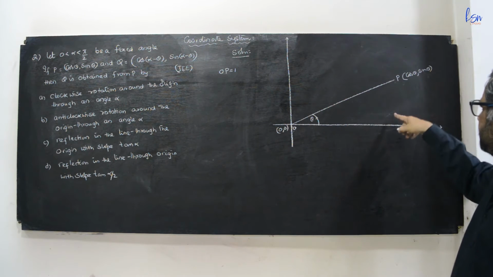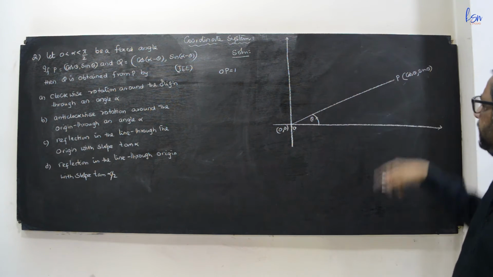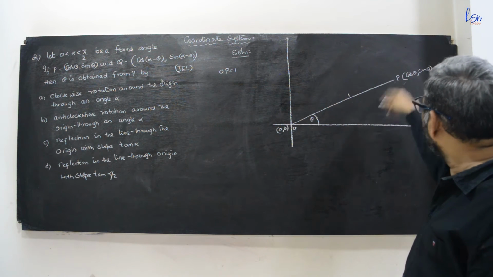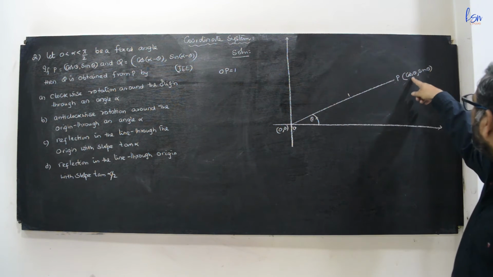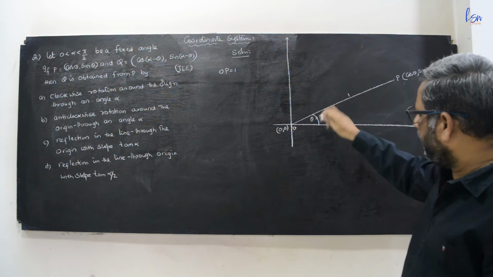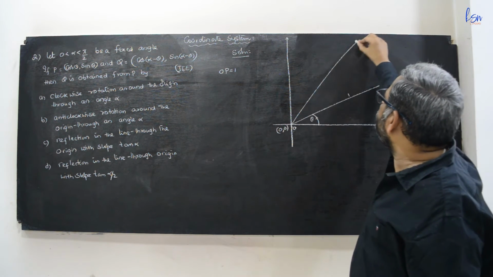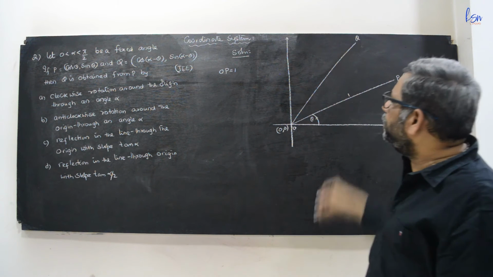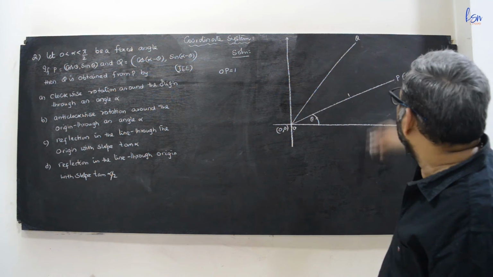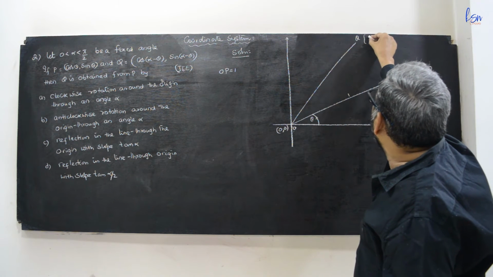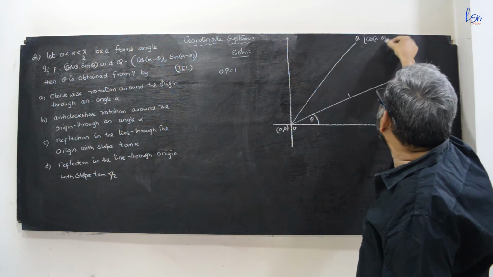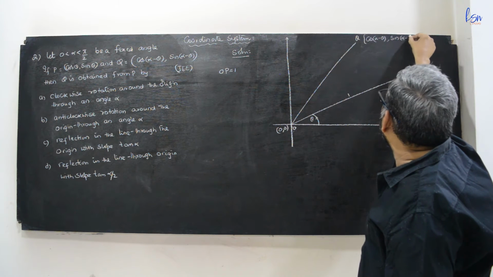If you consider this as (x, y), then x is equal to r cos theta and y is equal to r sin theta, taking r as 1. Now take one more line segment whose ending point is Q, with coordinates (cos of alpha minus theta, sin of alpha minus theta).